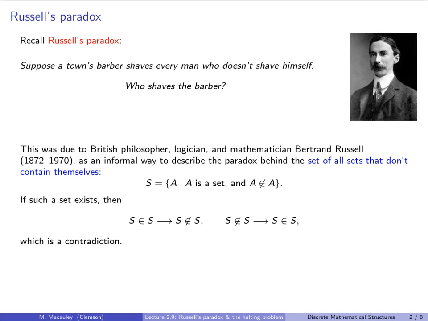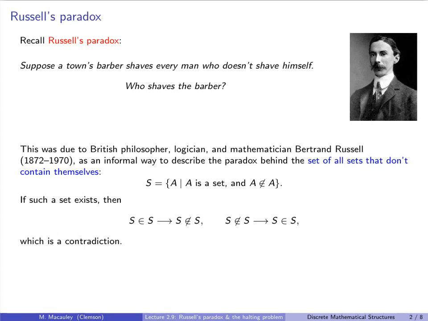And that's the second case. But if S does not contain itself, then by definition of S, S has to contain itself. And together, this is a contradiction, because S cannot contain itself and not contain itself.